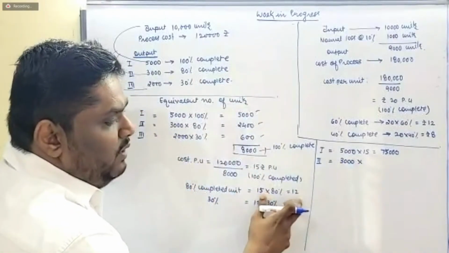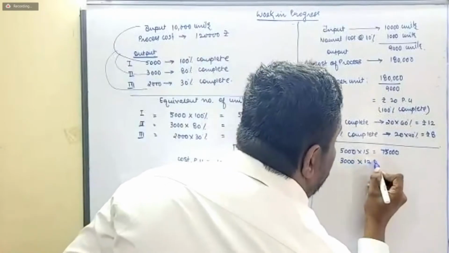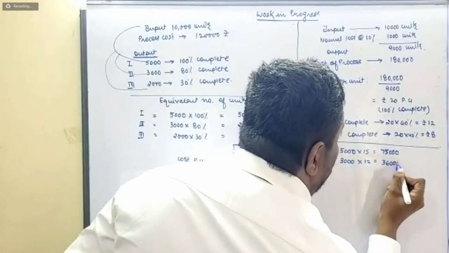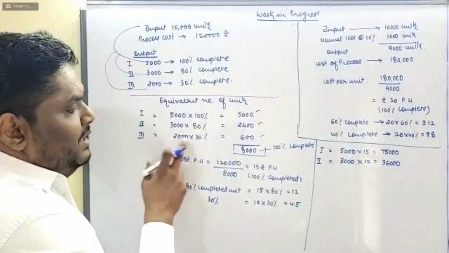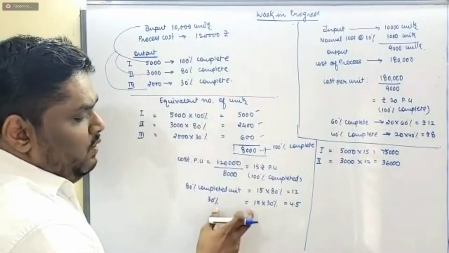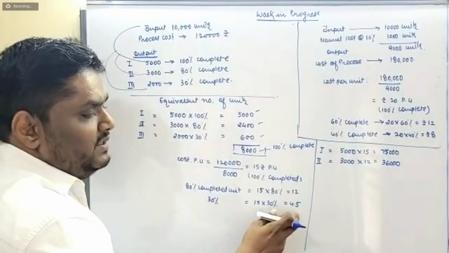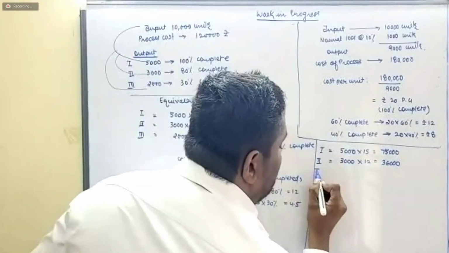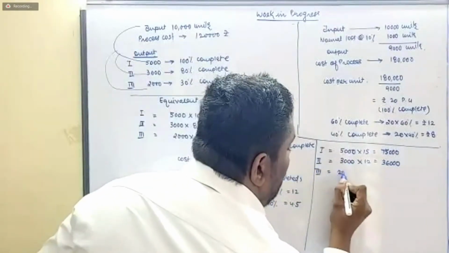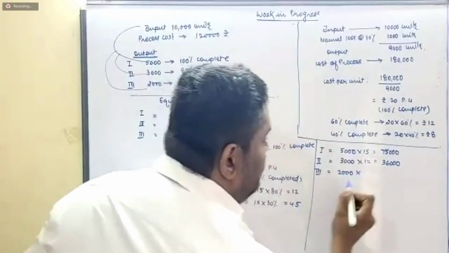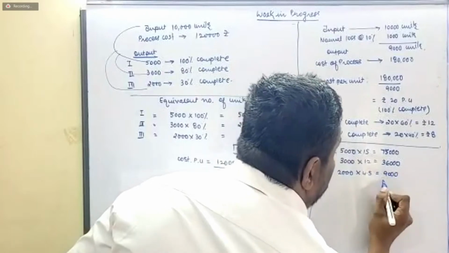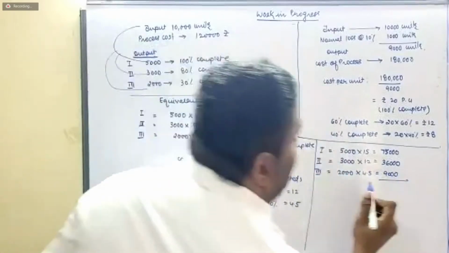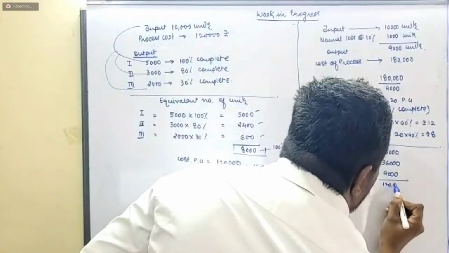The 80% completed per unit cost is 12, so this will be 36,000. Next, 2,000 units that are 30% complete, the cost for 30% completed units is 4.5. So 2,000 into 4.5, that is 9,000. So this is how this cost of 1,20,000 will be distributed among these.